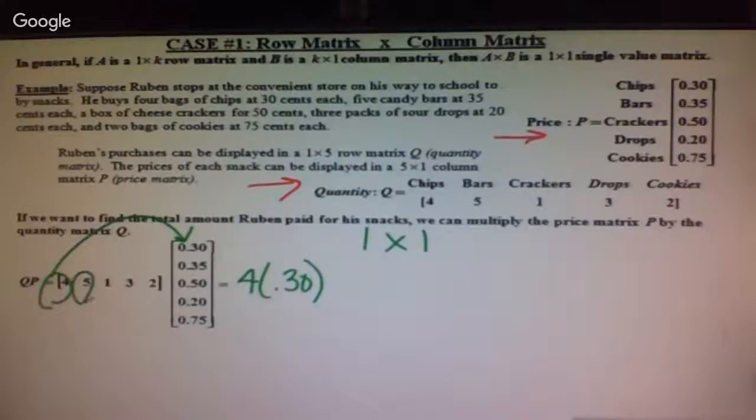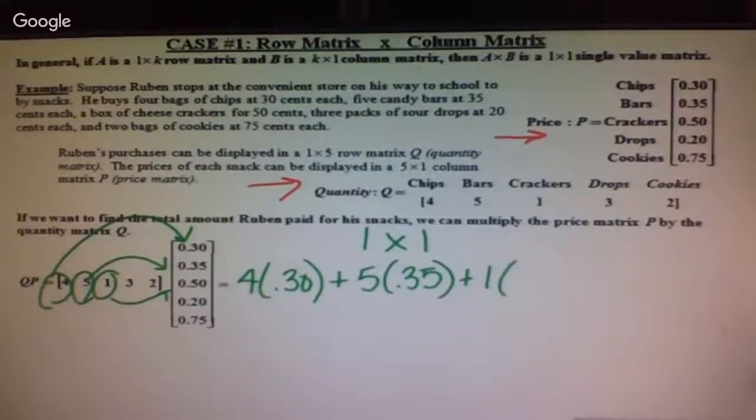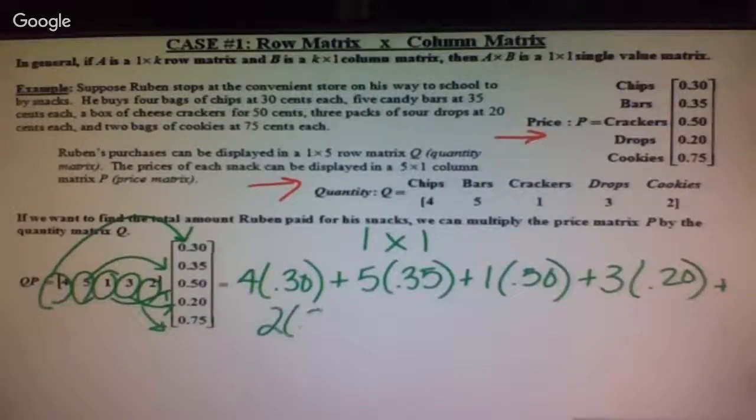Then we bought 5 items for 35 cents, so plus 5 times 35 cents. We bought 1 item for 50 cents, so 1 times 50 cents. We bought 3 items, each for 20 cents. And we bought 2 items, 75 cents a piece.